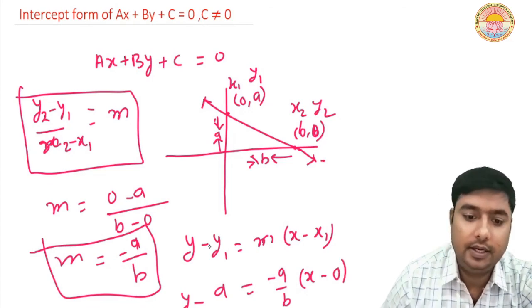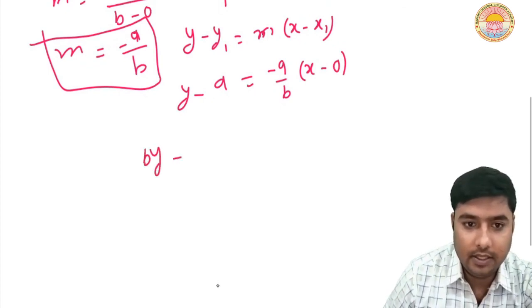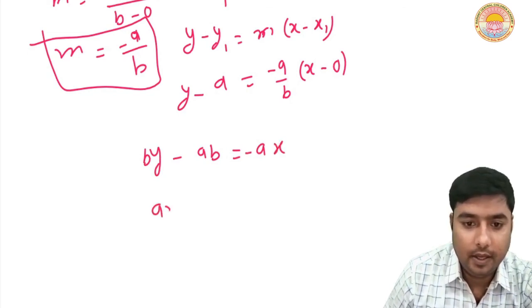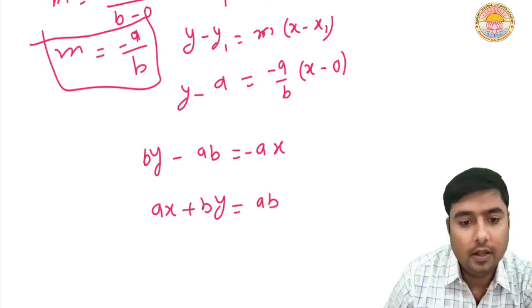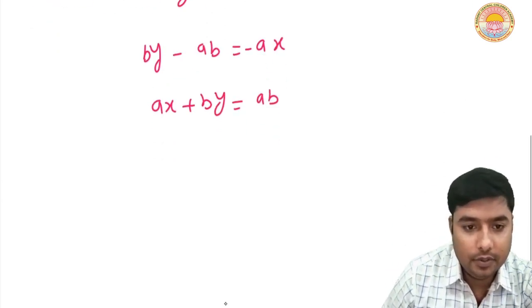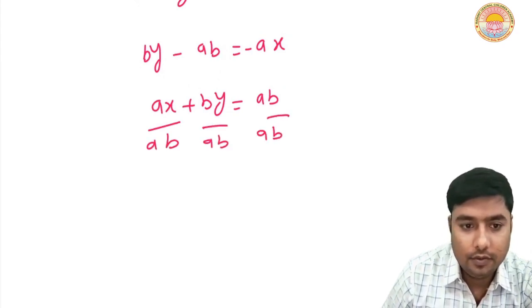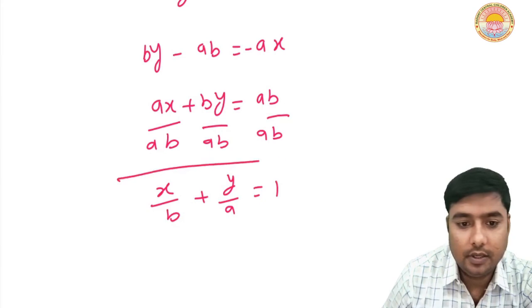So we can write by minus ab equals minus ax, so ax plus by equals ab. Now dividing both sides by ab, x upon b plus y upon a equals 1.